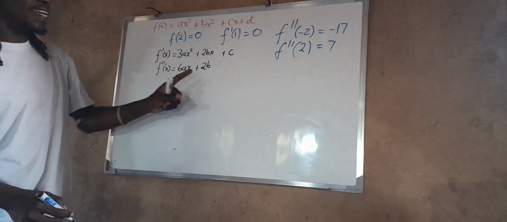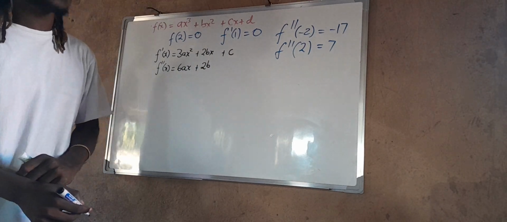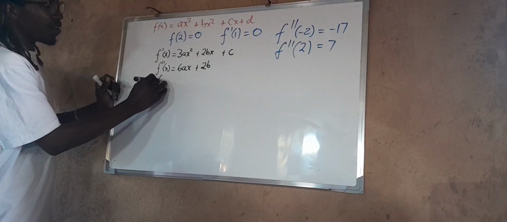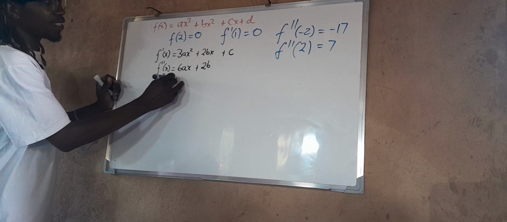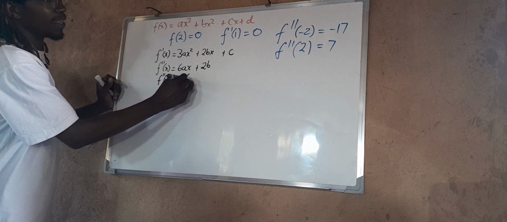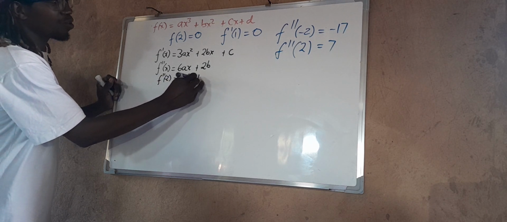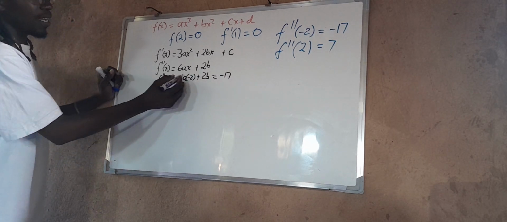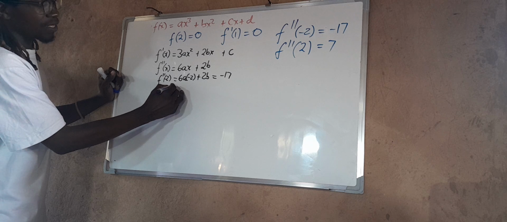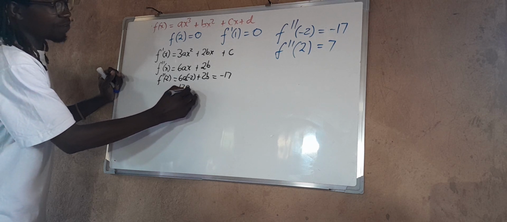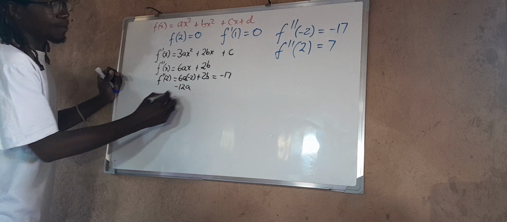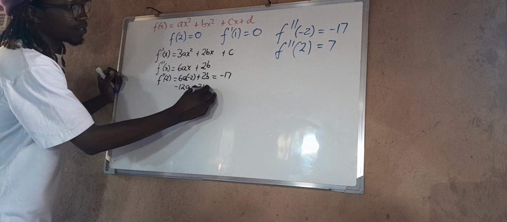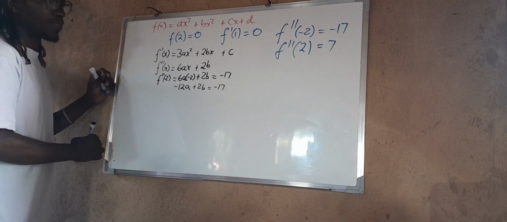So it means that now we are having something like this. If we substitute negative 2 for x here, we're going to get negative 17, right? So f double prime at negative 2 is equal to 6a times negative 2 plus 2b, and this must give us negative 17. Multiplying this gives us negative 12a plus 2b is equal to negative 17.